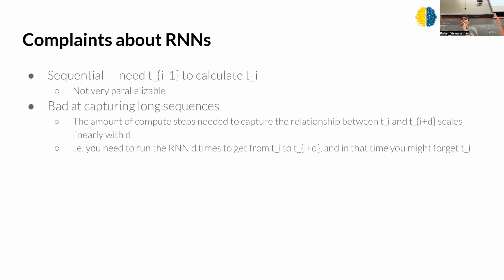Ti could be at 0, Ti plus D could be at step 100. And there's no guarantee that my gradients are going to be maintained throughout this process, right? We've talked about these problems before. And this leads to RNNs having lackluster performance depending on sequence length, which isn't ideal.